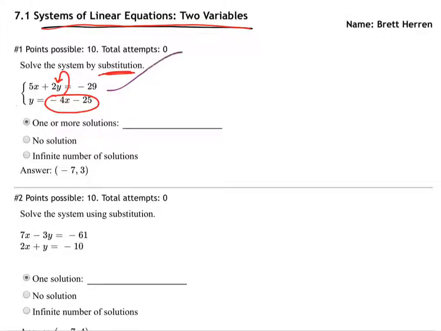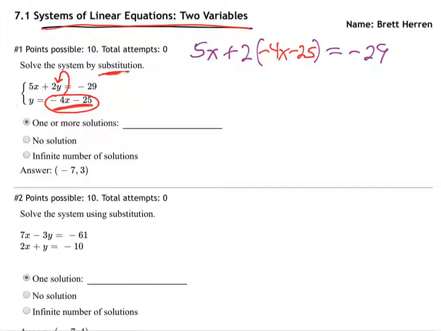So where does that leave us? 5x plus 2y, and I'm going to plug in for y now. What am I going to plug in for y? Negative 4x minus 25, because that's what y is.